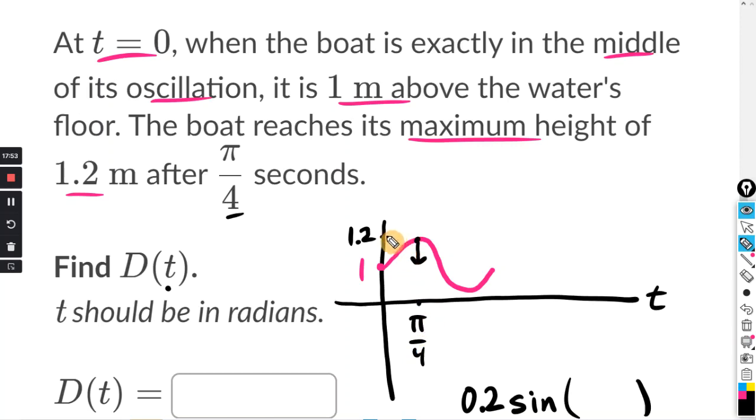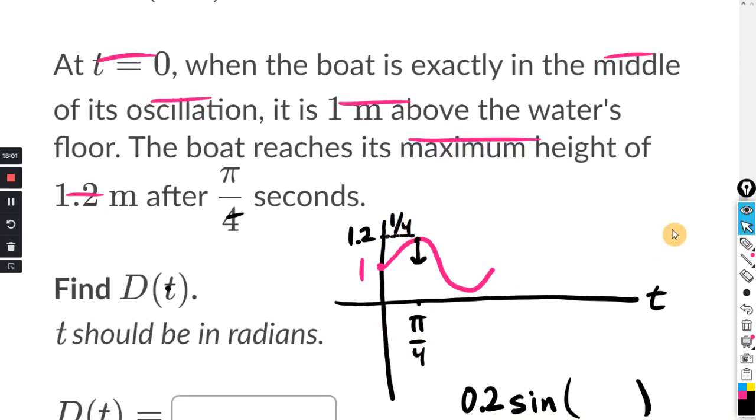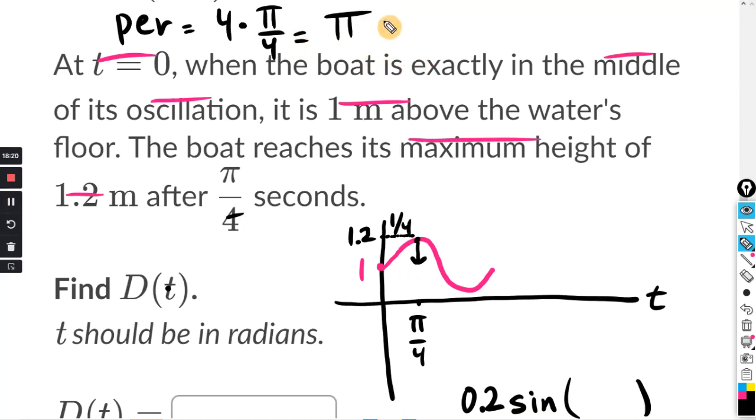All right, so this distance is only a fourth of the whole period. So if this is only a fourth of the period, this needs to be multiplied by 4. So the period is going to be 4 times pi over 4. And that's just pi.